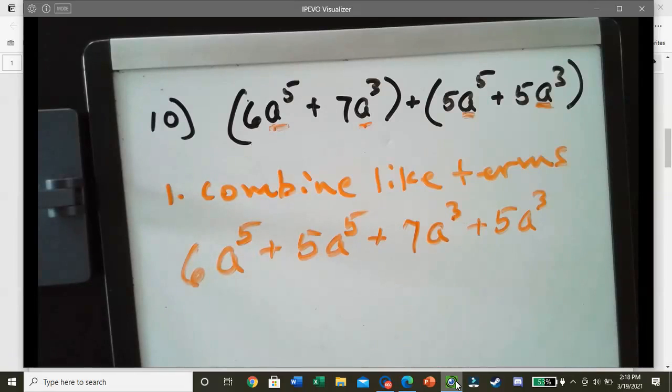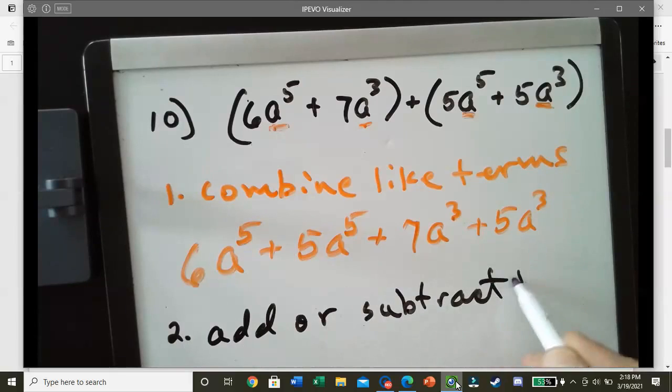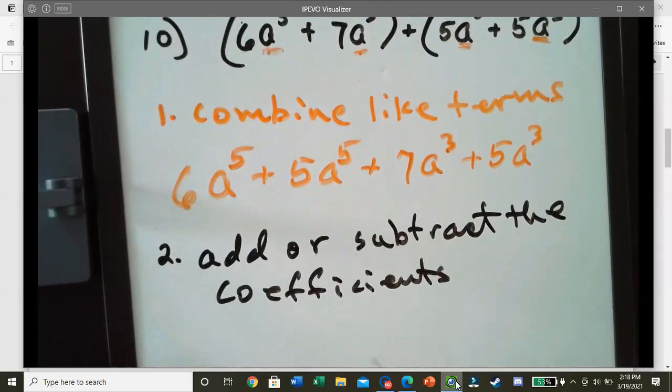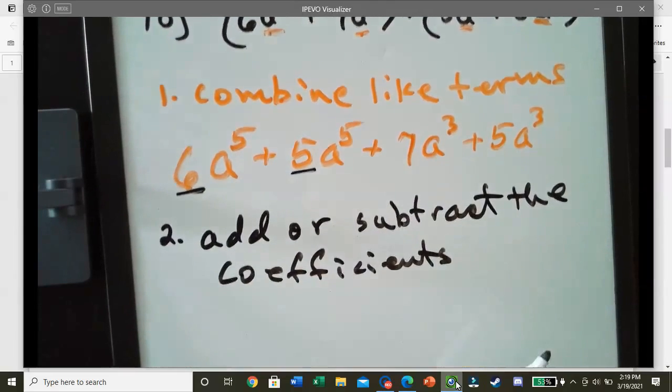So now step 2, we add or subtract the coefficients. Okay, add or subtract the coefficients. So we've got a positive 6 and a positive 5.